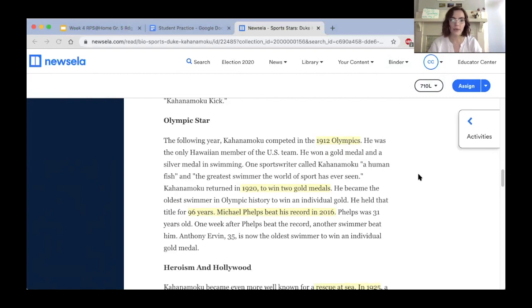He became the oldest swimmer in Olympic history to win an individual gold. He held that title for 96 years. Michael Phelps beat his record in 2016. Phelps was 31 years old. 1 week after Phelps beat the record, another swimmer beat him. Anthony Irvin, 35, is now the oldest swimmer to win an Olympic gold medal.